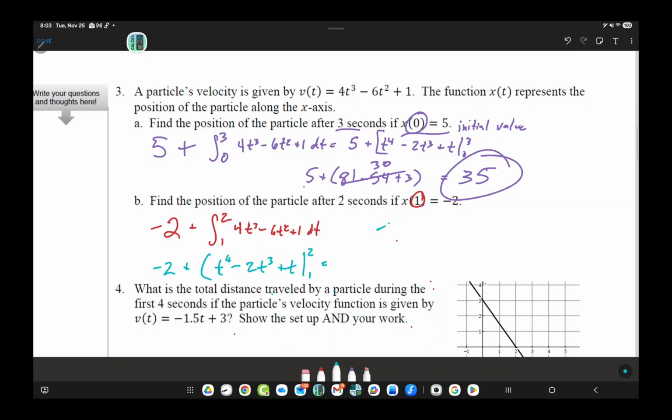So that gives me negative 2 plus, if I plug in 2, I get 16 minus 16 plus 2, minus, I plug in 1, I get 1 minus 2 plus 1. That is 0. This is 0 plus 2, so negative 2 plus 2, which is 0.